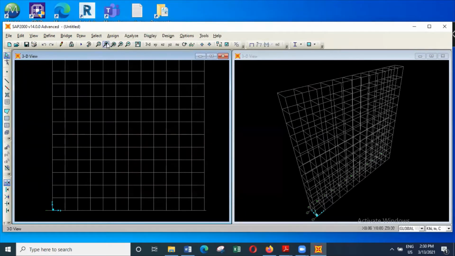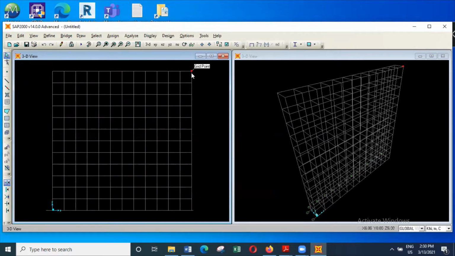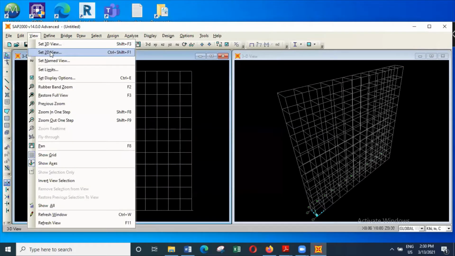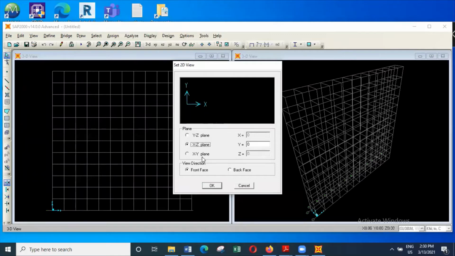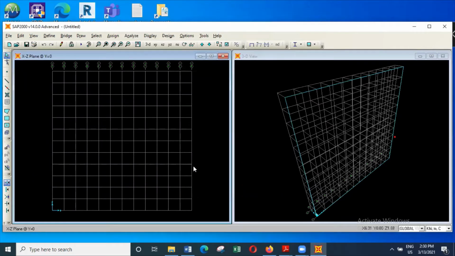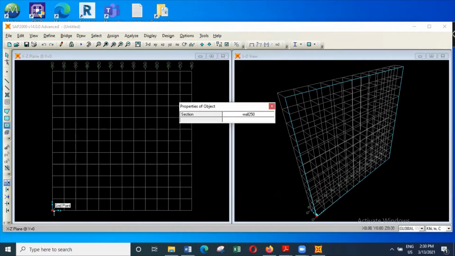The height is also 6 meters. Now we can view 2D. So now I can draw all the shell elements in one operation. So you can see once you have the grid, you can just draw all the shell elements in one go.